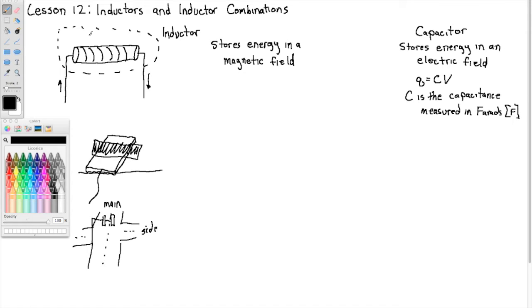Alright, I don't really want to get into the physics of magnetic fields and so forth, so for the inductor, we're not going to have an analogous equation to Q equals C times V. But L is the inductance, and it's measured in Henrys, capital H. I'm more concerned about what's happening externally.